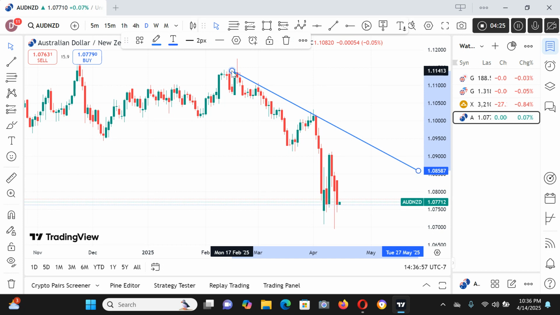At least you get two peaks and join them together. You have already formed a trend line. But if it is an uptrend, you look at the troughs. At least having two troughs, join them together, you have formed a trend line. So this trend line helps us to identify the direction of the market.